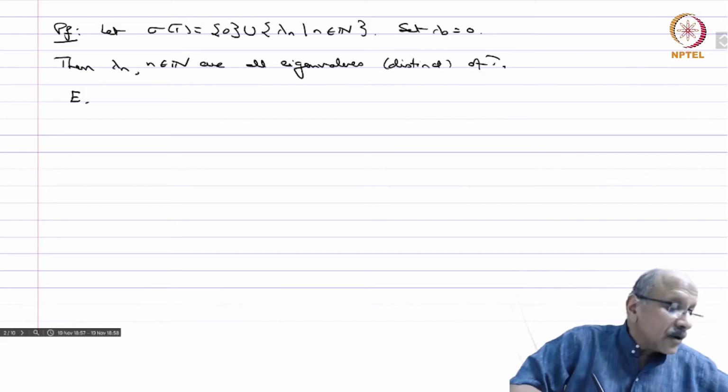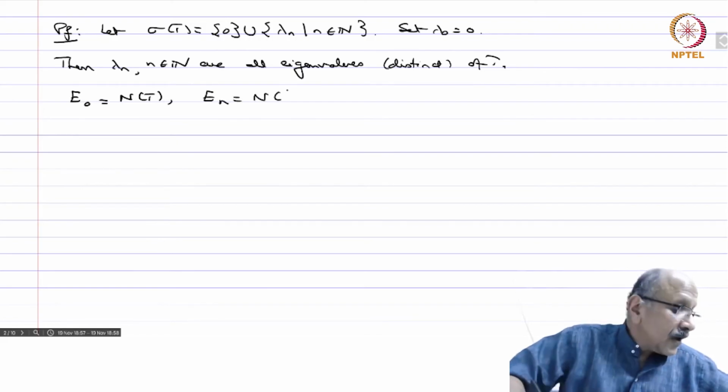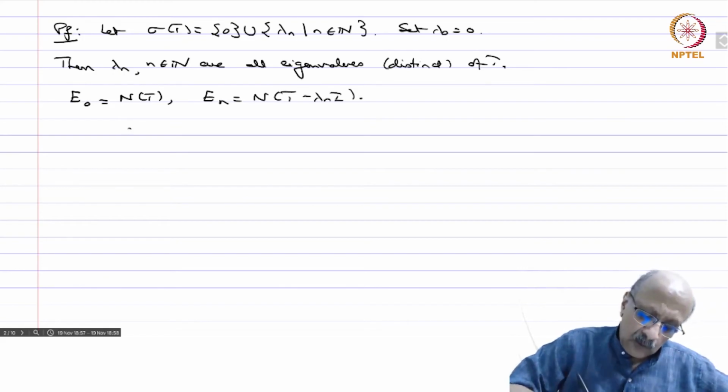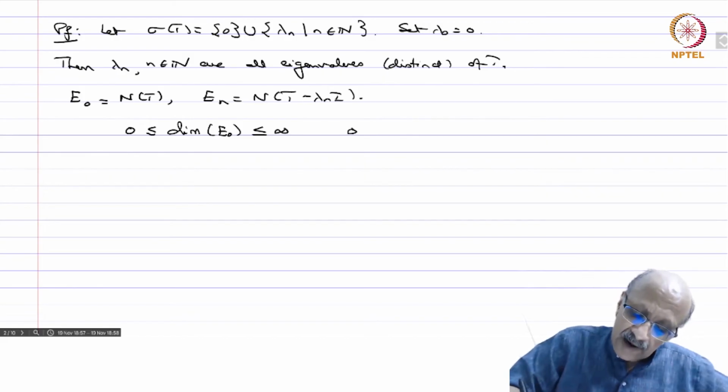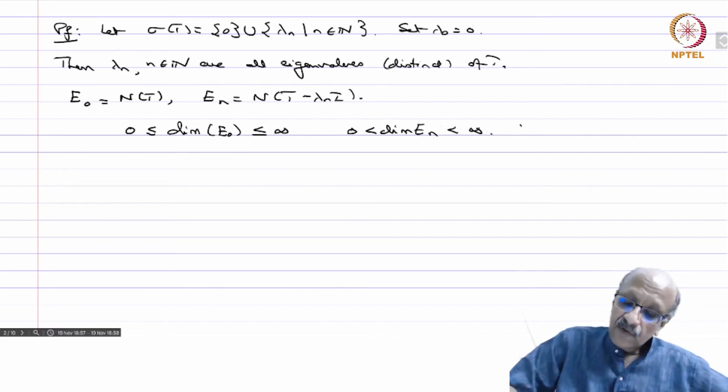So we said E_0 equals null space of T and E_n equals null space of T minus lambda_n times I. Okay, then what do you know about E_0? E_0 could be singleton 0, so 0 could be less than or equal to dimension of E_0, and E_0 could also be infinite dimensional, so this can always happen. On the other hand, 0 will be strictly less than dimension of E_n, and that will also be strictly less than infinity for all n in N.